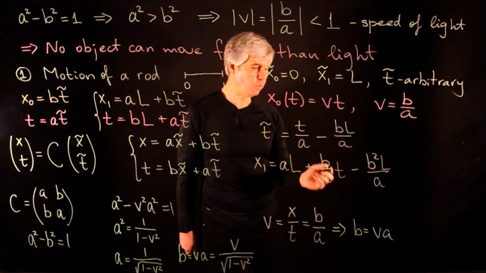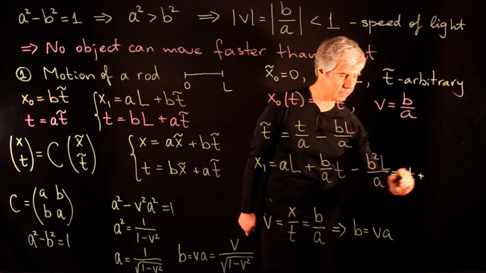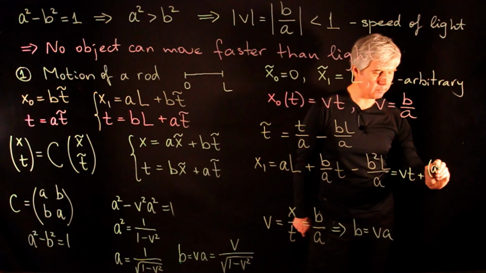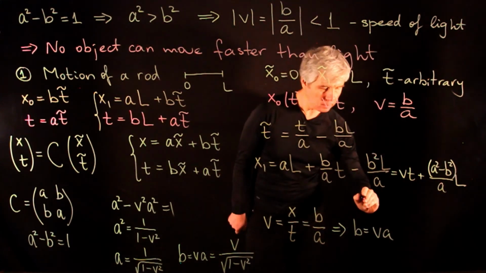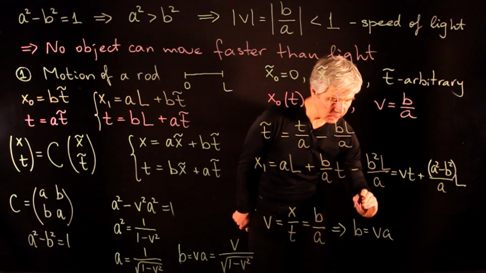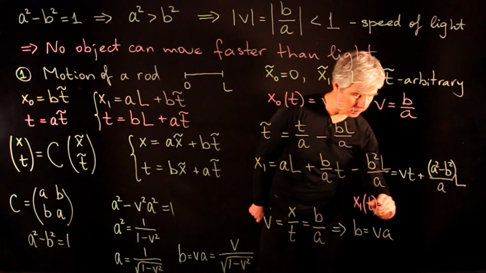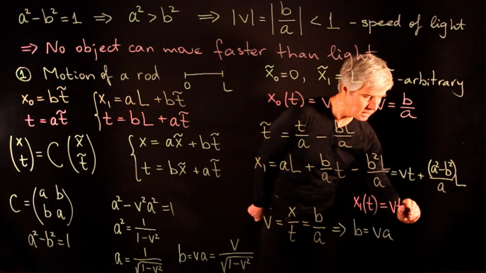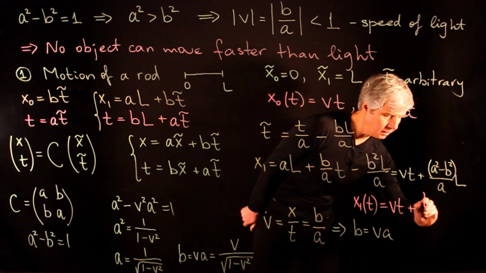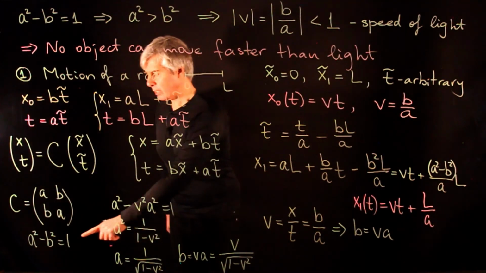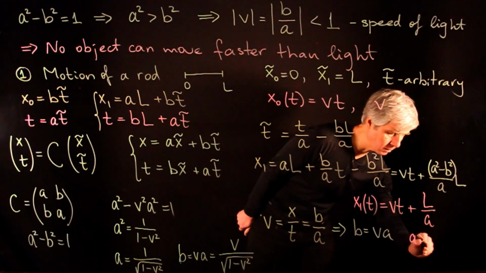And since b over a is v, this is equal to vt plus a squared minus b squared over a times L. And then we get a formula for the trajectory of the right end of the rod: x1 of t is equal to vt plus, well, a squared minus b squared is equal to 1, so we get L over a. And we point out that this relation implies that a must be greater than 1.